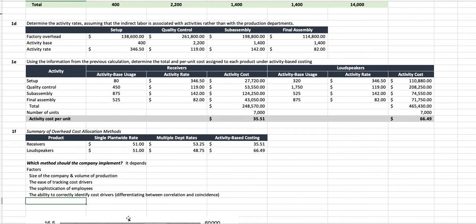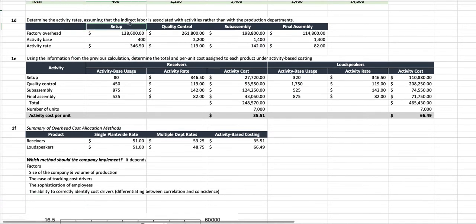So what do I mean by the ability to correctly identify cost drivers? Well, we see up here, in our setup, each setup costs approximately $346.50. But what if we had never even identified setup? Maybe we had identified transportation as a cost driver, and we had said it's $138,000, and we drive 50,000 miles a month.